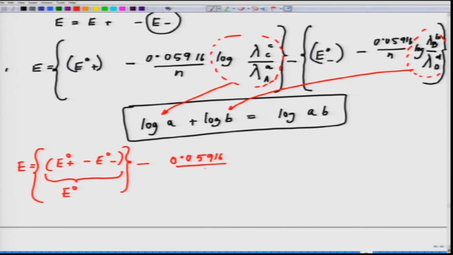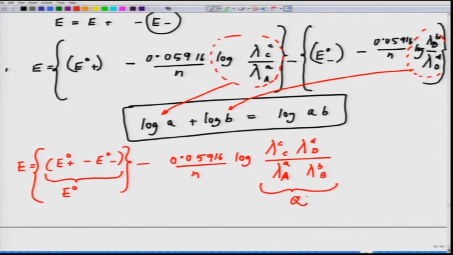0.05916 divided by number of electrons log C d d divided by A V V. This whole term is your Q. Okay.